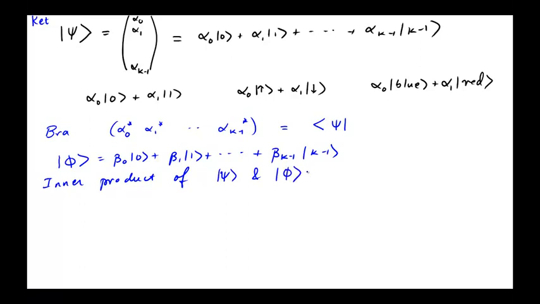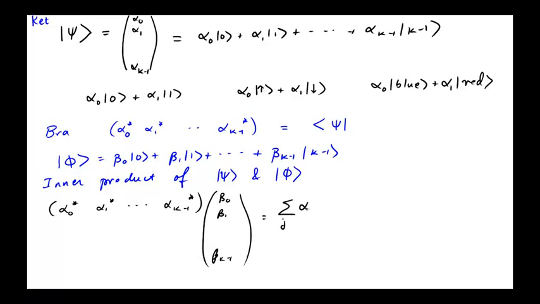If you want to write out the inner product, you would take alpha_0 star, alpha_1 star, ..., alpha_{k-1} star times beta_0, beta_1, ..., beta_{k-1}, which is just the summation over j of alpha_j star beta_j.